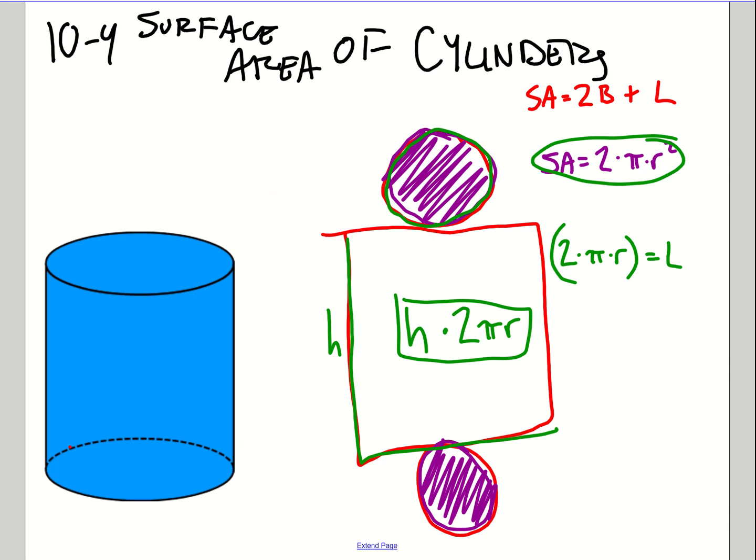My surface area formula equals 2 times the area of my circles plus the circumference times the height.